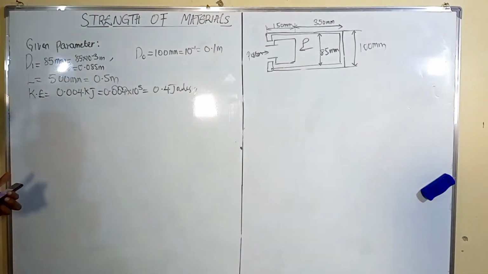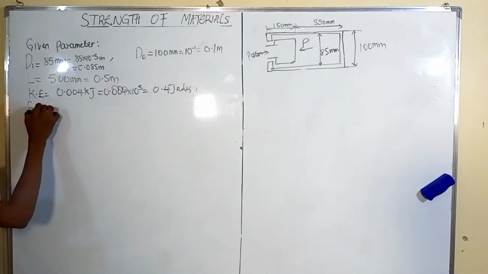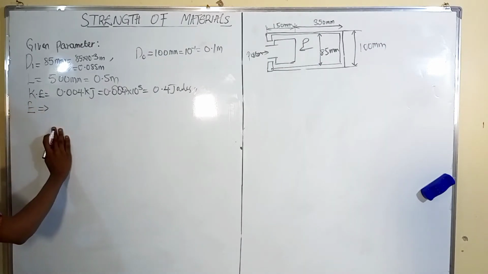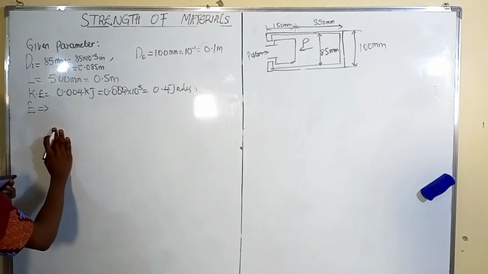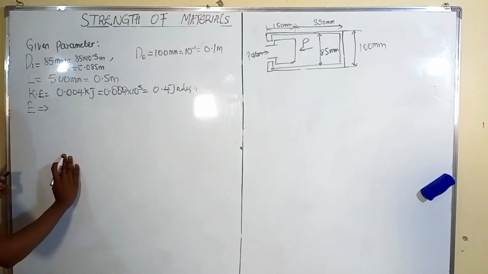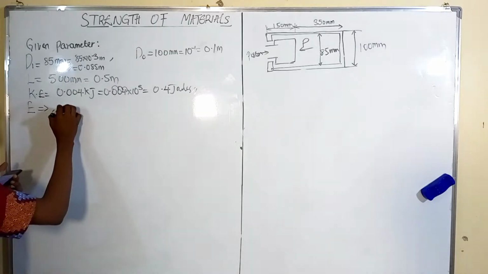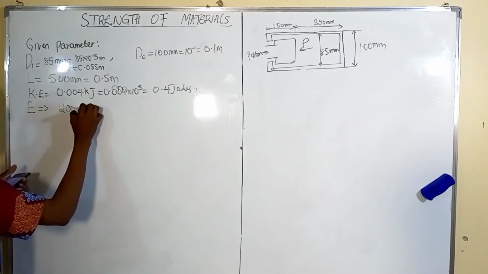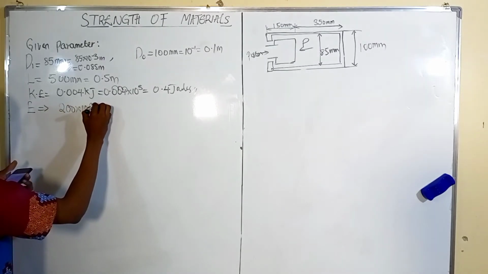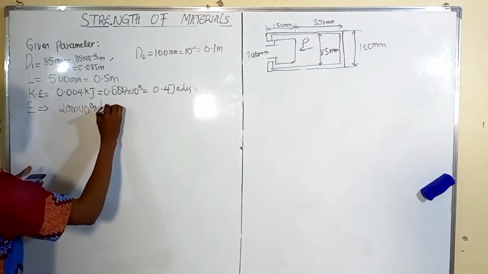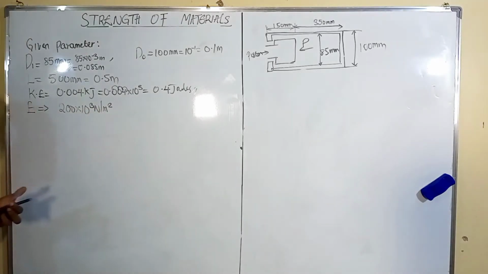So we are given the modulus of the free piston or the bar. So we are having the modulus to be 200 times 10 raised to the power 3, in Newton per square meter.